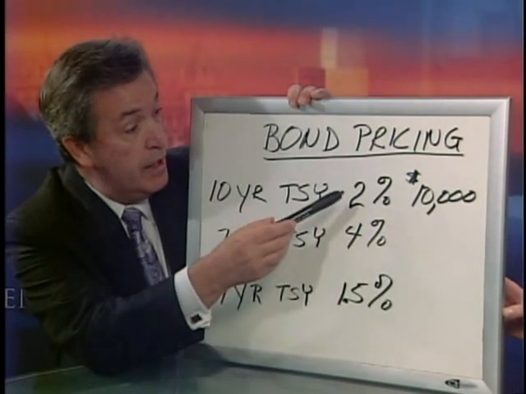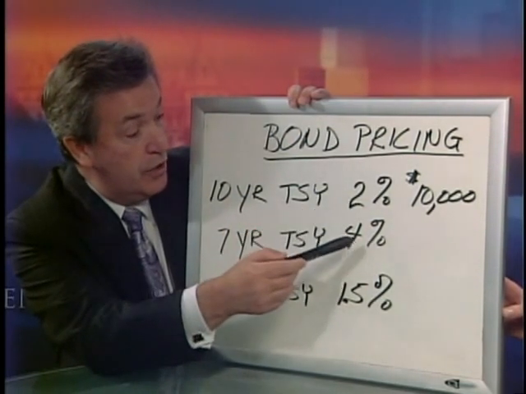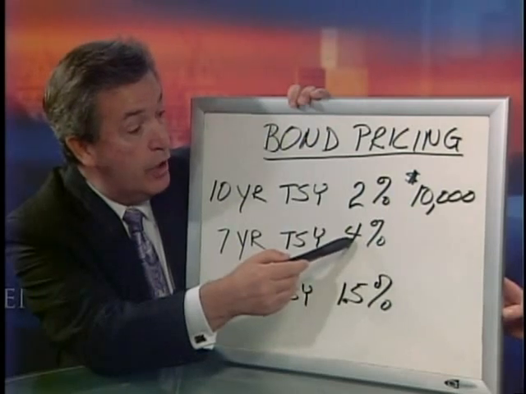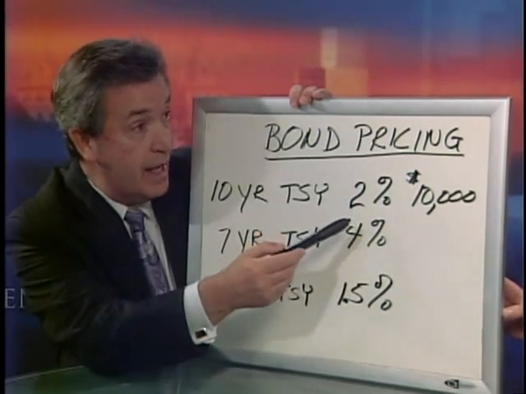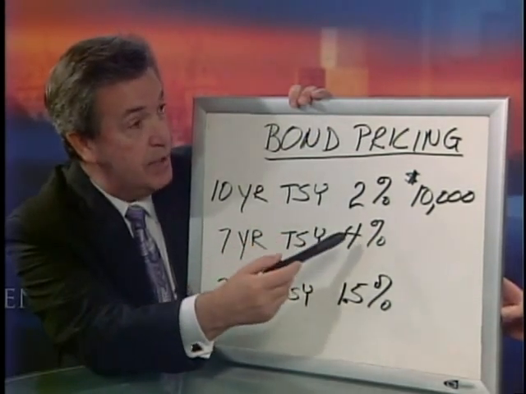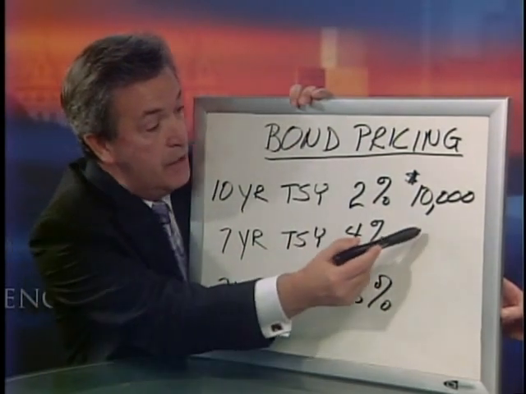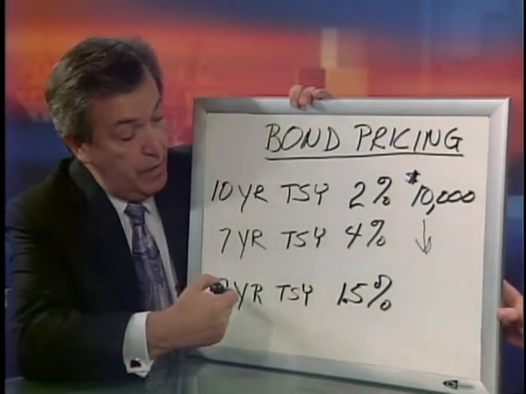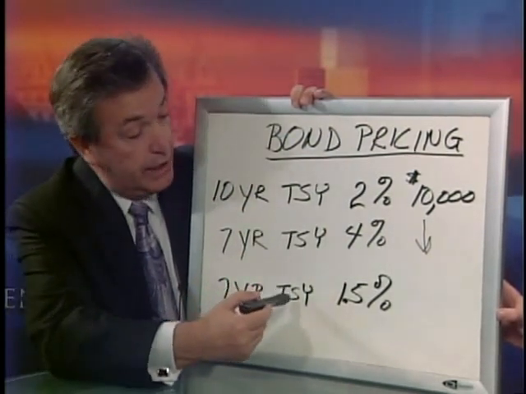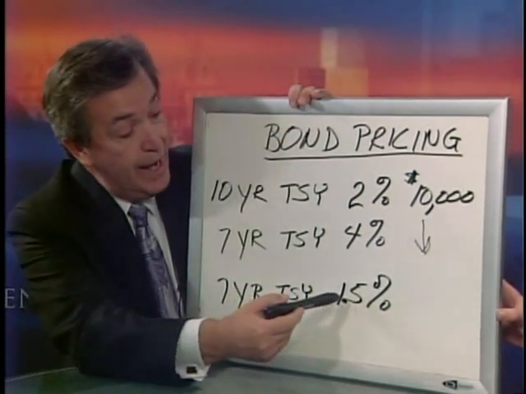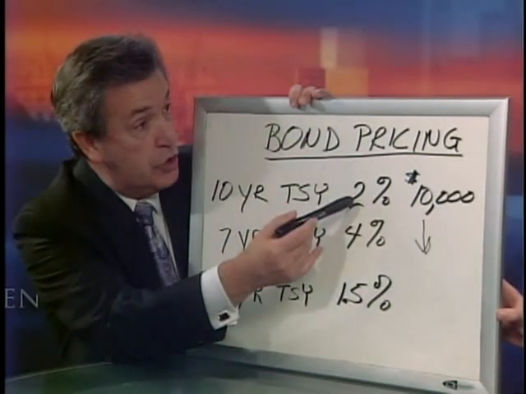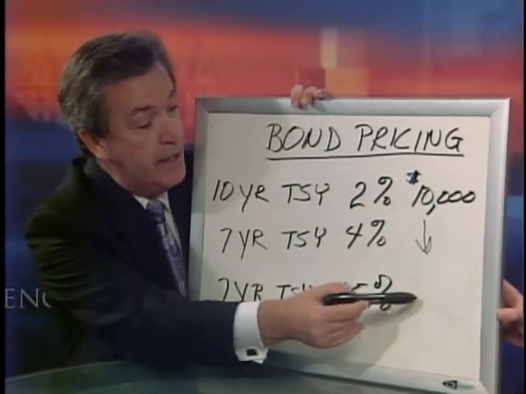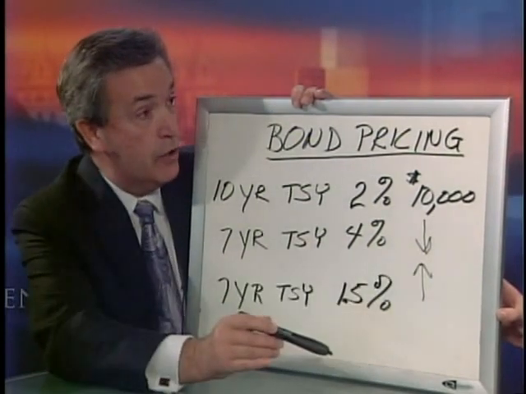Well, think about it. If yours is paying 2, 3 years from now they're paying 4, do they want your bond? The answer is no. So the concept here is if interest rates go up, the value of your bonds you're holding go down. Vice versa, if you went 3 years from now selling your Treasury that you own and it's 1.5% versus your 2, people will want your bond and the value of your bond goes up.